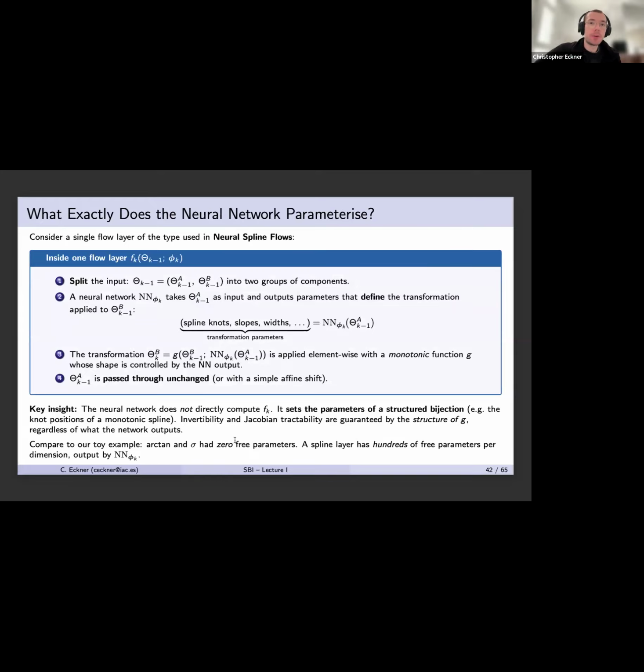Okay, so typically what happens in these neural spline flows is that you split these parameters and you do something that is called an autoregressive model. And more about this next week.